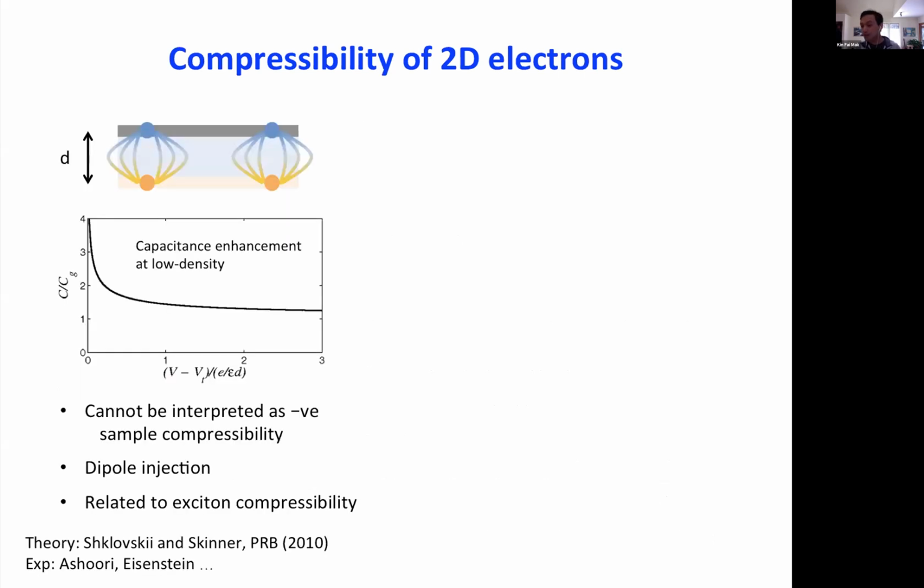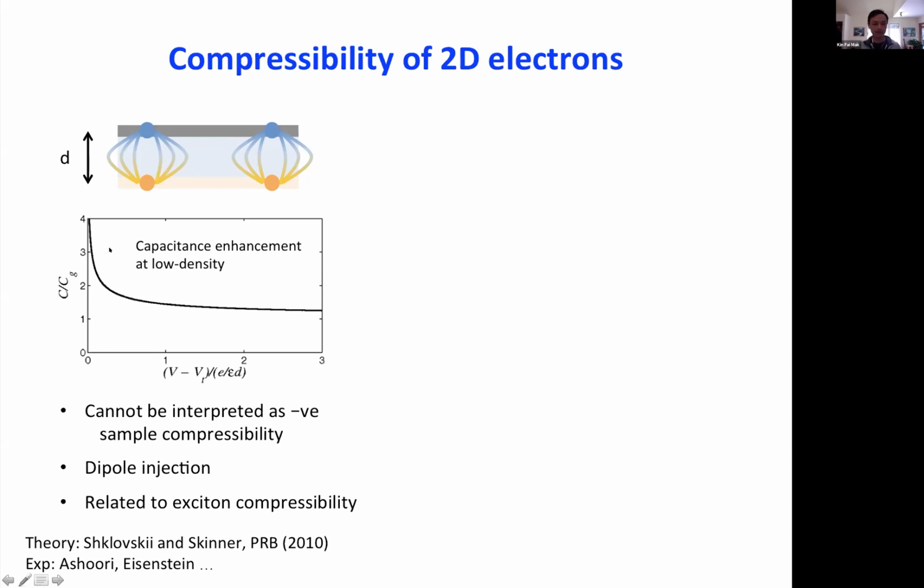And we are not the only ones to interpret this. This was first pointed out by Skinner and Shklovskii in a PRB paper in 2010: in the low density limit, when the average electron-electron separation is larger compared to the sample-to-gate distance, one should think about the gate and the sample together as your whole system.